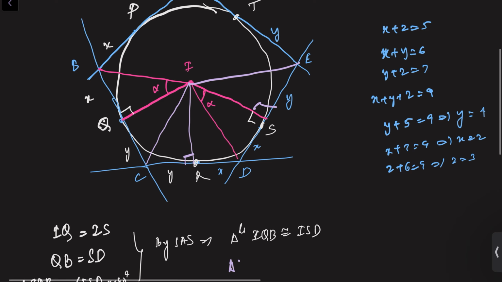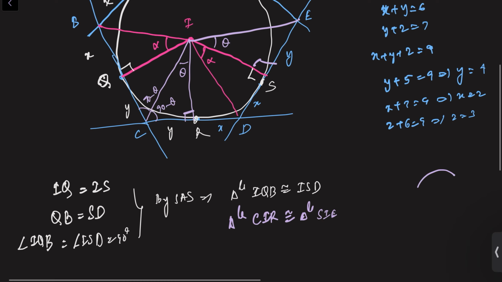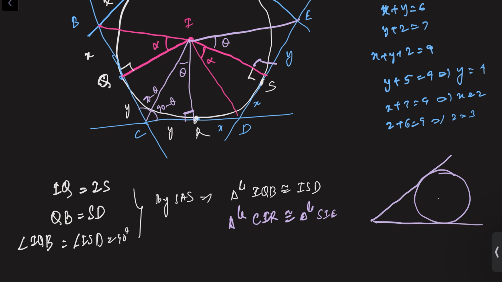So we can say triangle CIR is similar to triangle SIE. So if I consider this as some theta, this will also be theta. If that is theta, this will be 90 minus theta and this will also be 90 minus theta, because when we have a circle and draw two tangents, and these two triangles are congruent, if this is alpha, this will also be alpha.